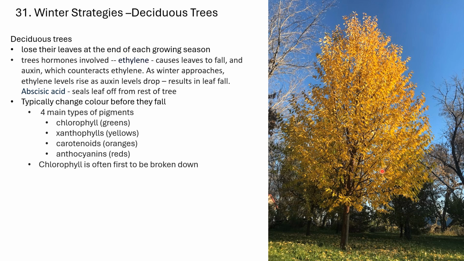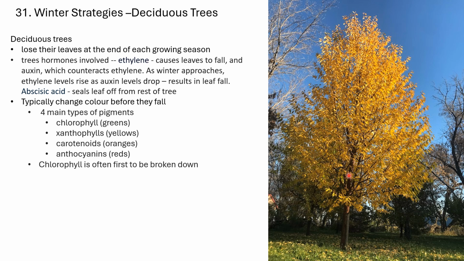But before they do, in a lot of trees we often see brilliant color changes. I know places like Pembina Valley Provincial Park are a hot spot for tree tourists every fall. A lot of them go out there in the fall and do a drive-through to see the tremendous changes in color to these deciduous trees.